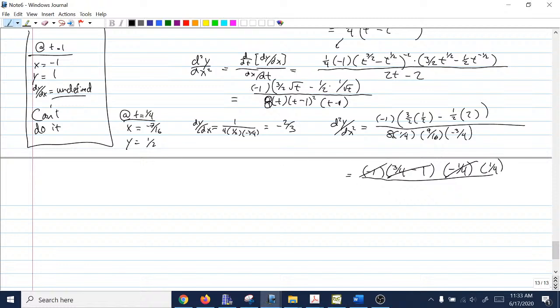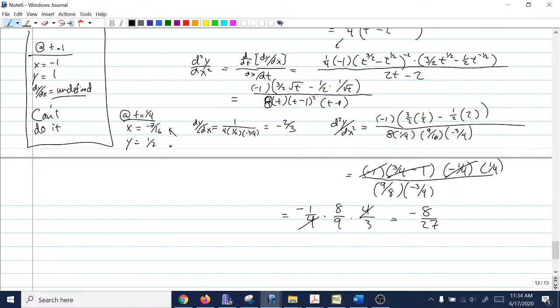What do I have on bottom? 8 times a 4th is 2, times 9/16 makes 9/8, times negative 3/4. These are both on bottom of the fraction. If I flip those on top, I get 1/4 times 8/9 times negative 4/3. I'm getting negative 8 over 27 for d squared y over dx squared.